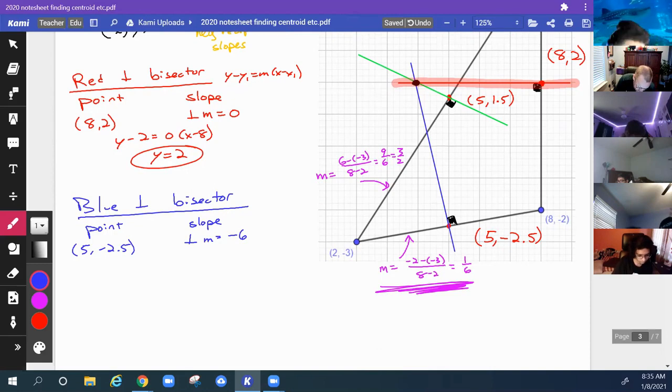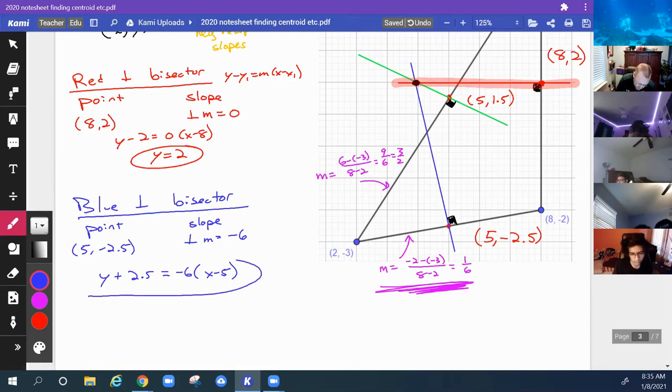And the equation of this blue line is y plus 2.5 equals a -6 times x minus a 5. All right, so if I'm going through here, this is the equation of my blue line. Okay.